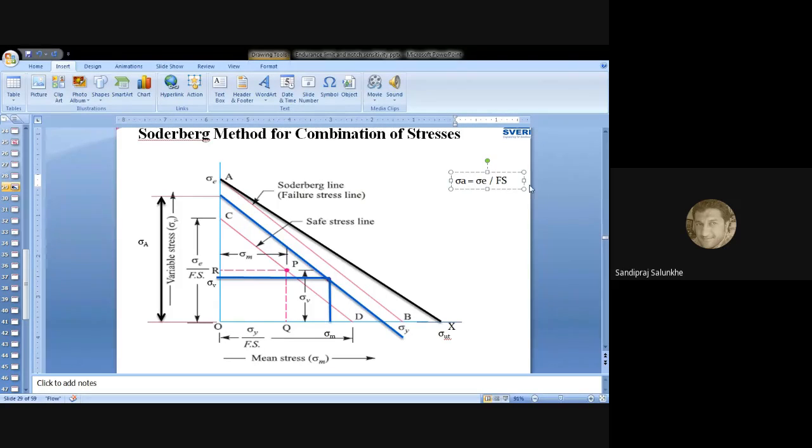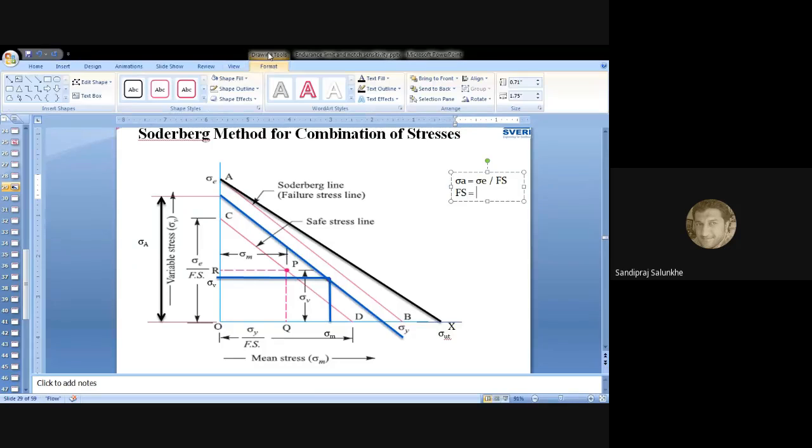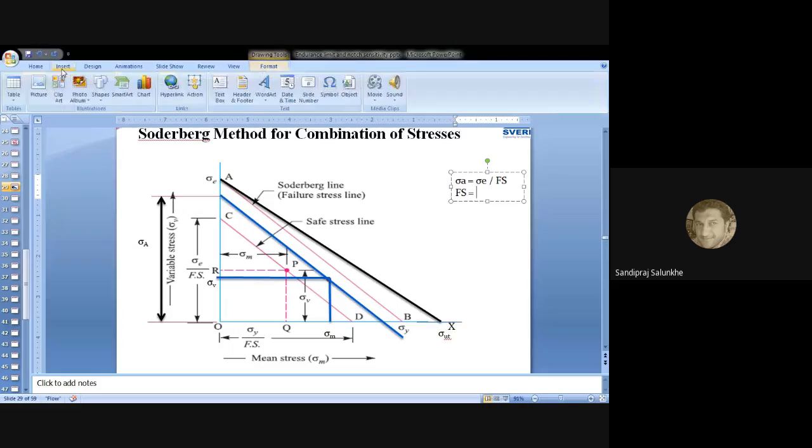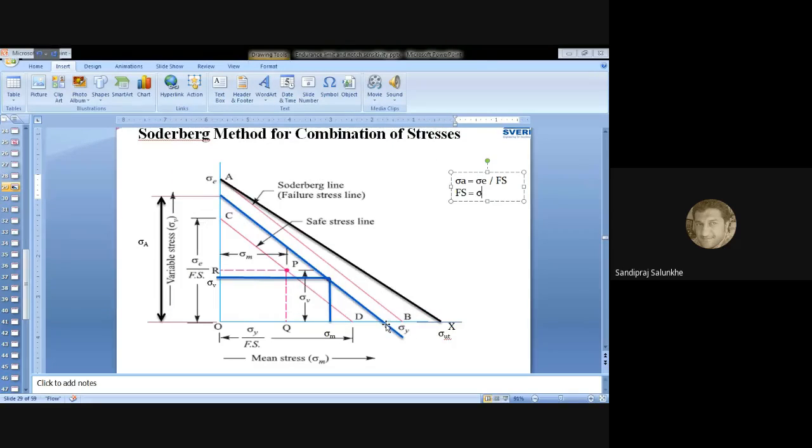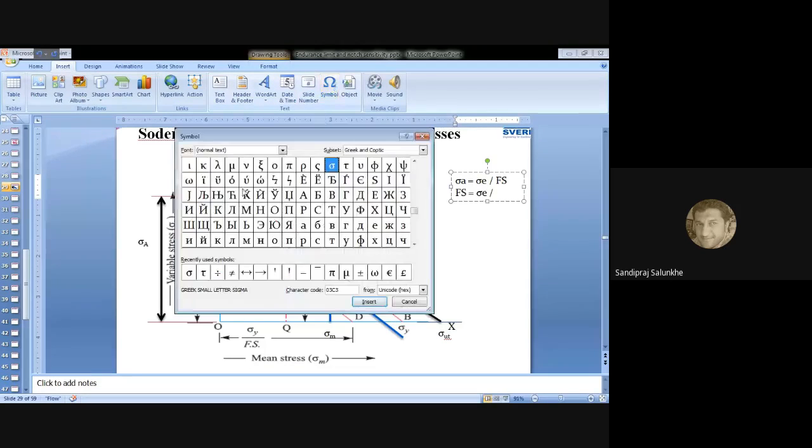So what value of factor of safety we can get? This factor of safety is equal to sigma E divided by sigma A.